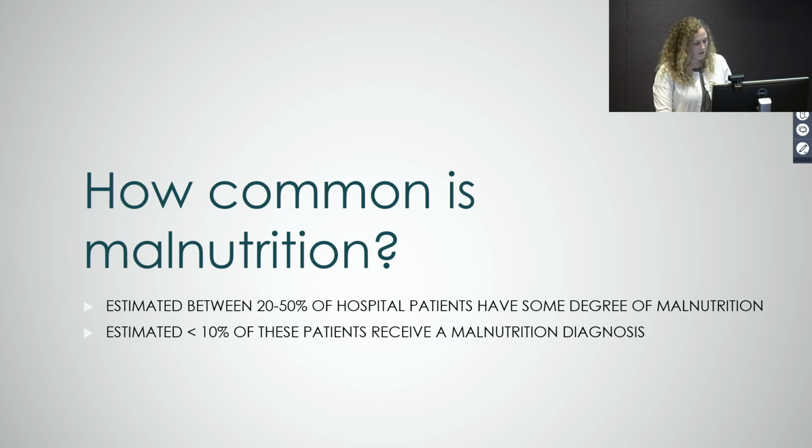From that, it's also estimated that less than 10% of those patients actually receive malnutrition as their diagnosis. What that means is, to really diagnose a patient with malnutrition, you need an assessment and a note from the dietitian that lists the criteria, and then you also need a physician note that will list it in the problem list. So you need those two things.